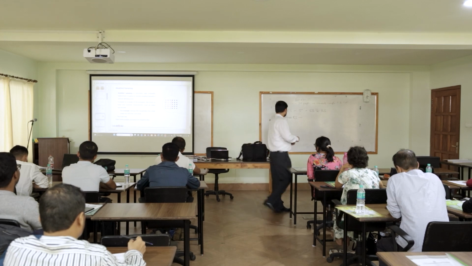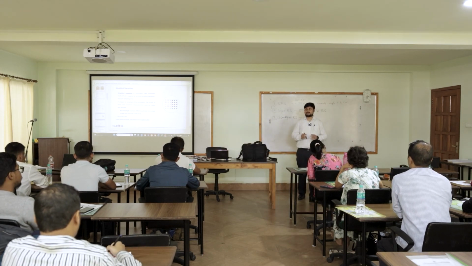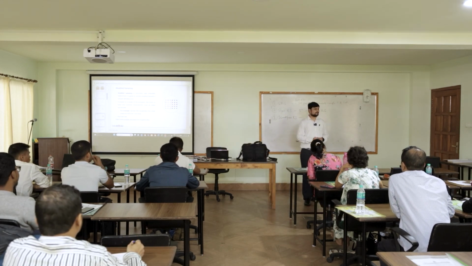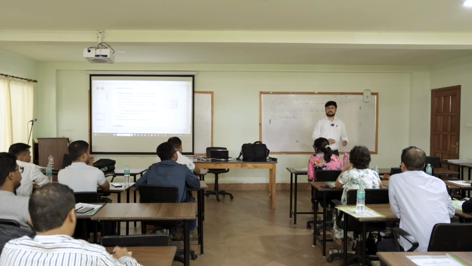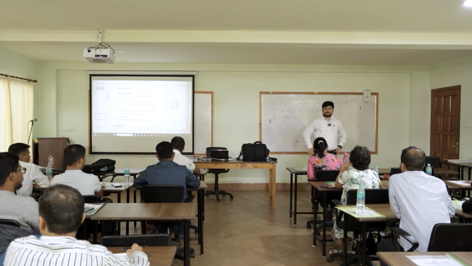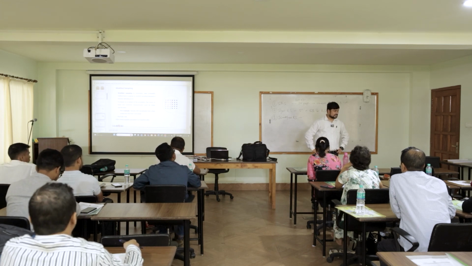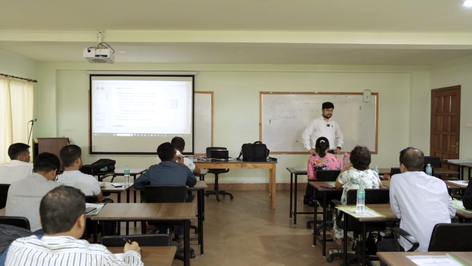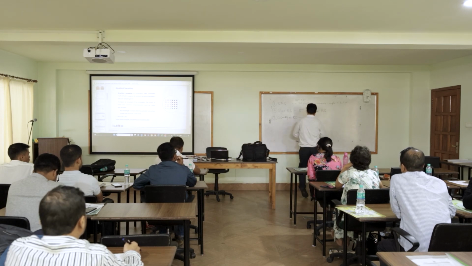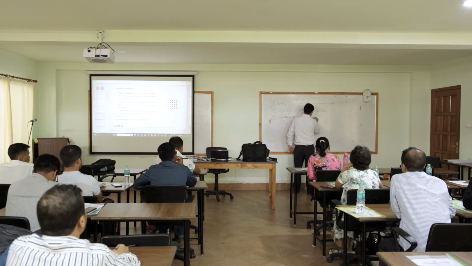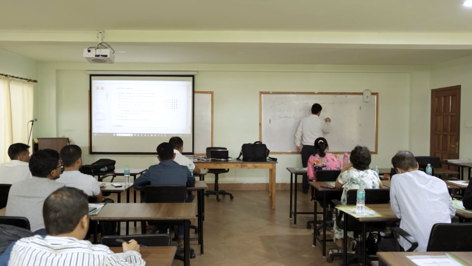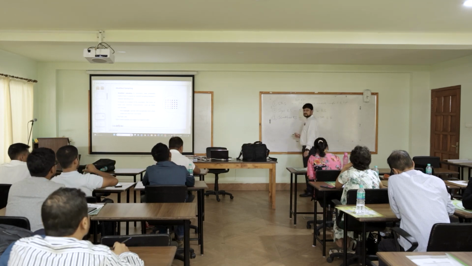Okay. For example, let's say in this group, I want to do a study which talks about the difference in the education status of the males and the females in this class. Right? So there are two strata here: males and females.